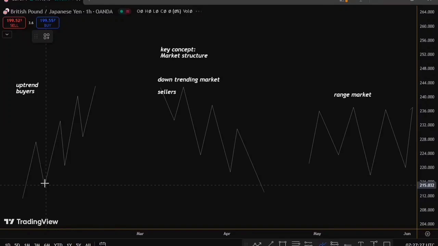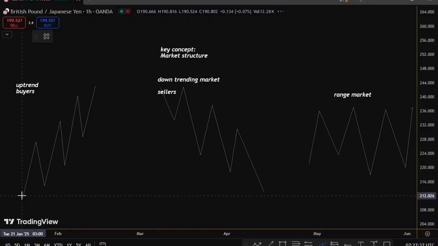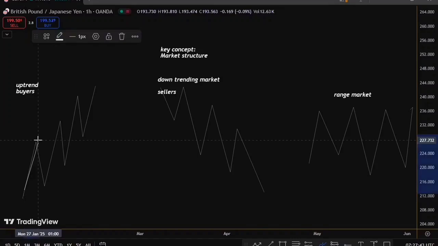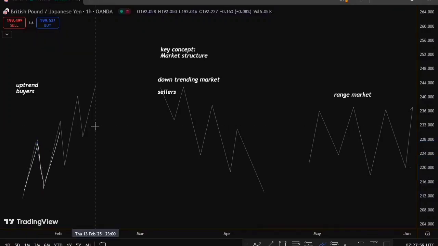Now for you to trade an uptrend safely, this is how the market is traded. When you see an impulsive move, wait for a correction, and when you see an impulsive move again, wait for a correction or pullback to join in again.